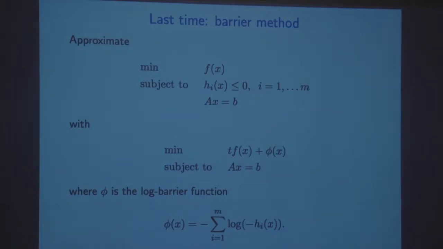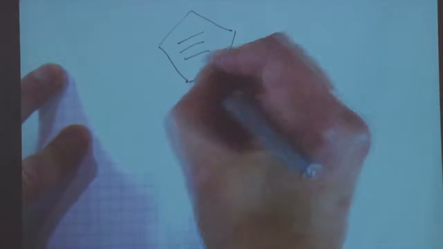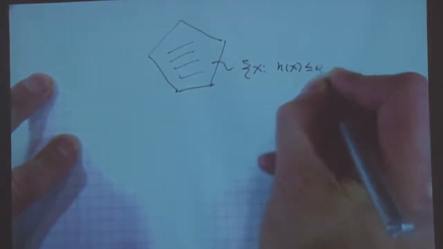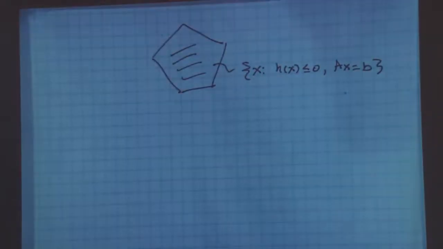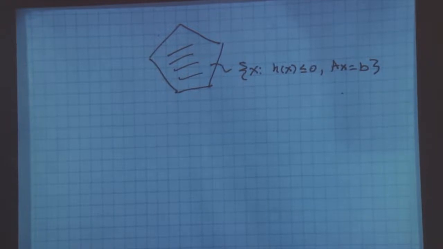function. Okay, so a picture that we usually draw that goes with that is, think about your feasible set as something that looks like this. So let's say this is your feasible set. And instead of enforcing the constraints directly, what we do for the inequality constraints is include that barrier term there, phi of x.